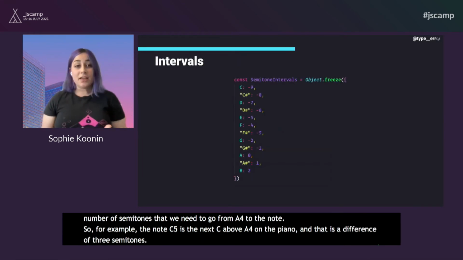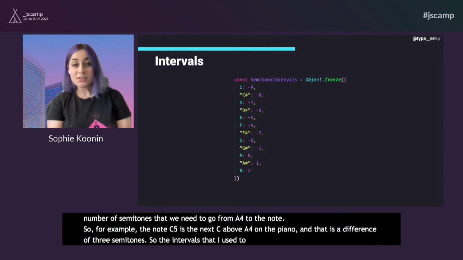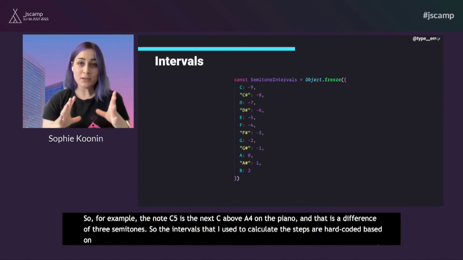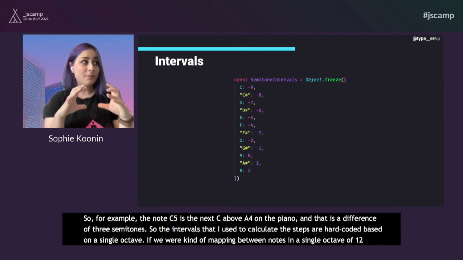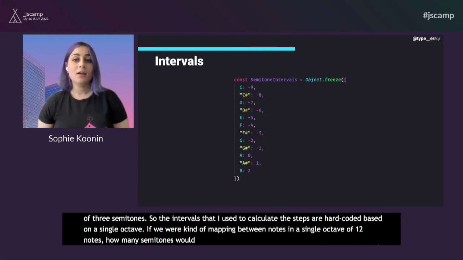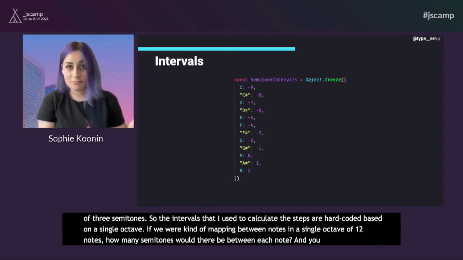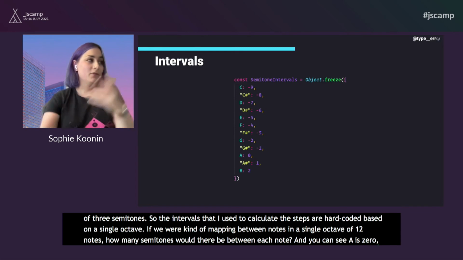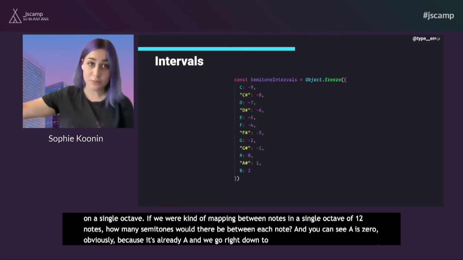The intervals that I use to calculate the steps are hard-coded based on a single octave. So if we were mapping between notes in a single octave of 12 notes, how many semitones would there be between each note? You can see A is 0, obviously, because it's already A. And we go right down to C, which is -9, and up to B, which is 2 above A.